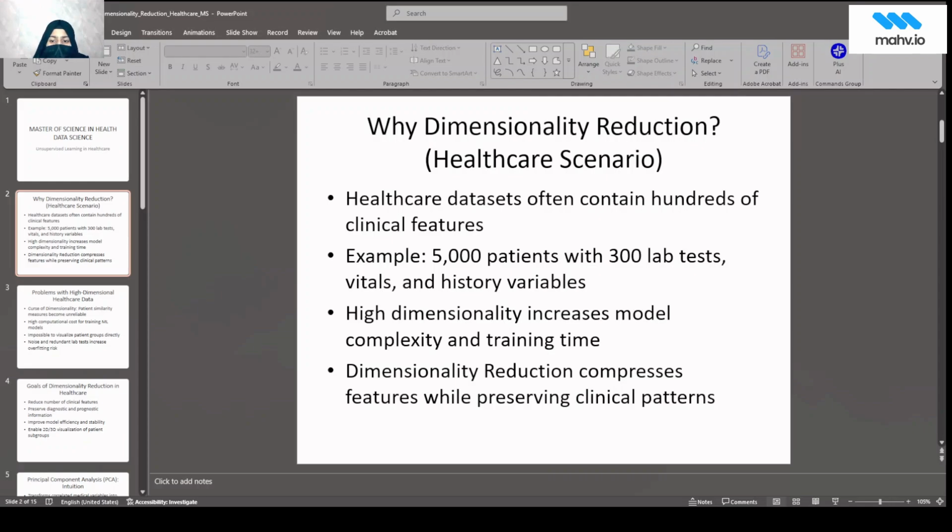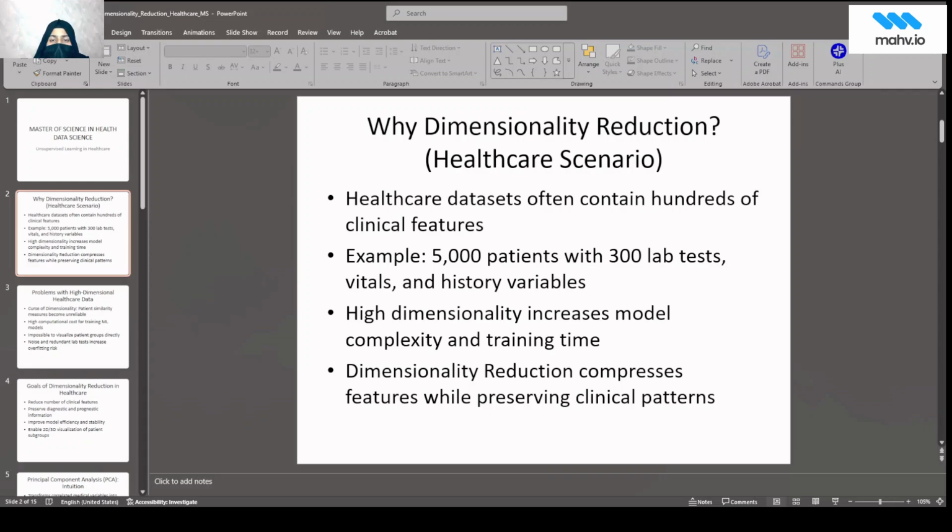High dimensionality increases the model complexity and training time. When we have a lot of features, training takes longer and our system will be slow because it tries to train on all these features. So dimensionality reduction compresses the features while preserving the clinical pattern.